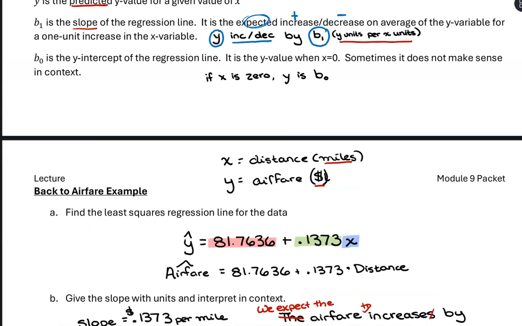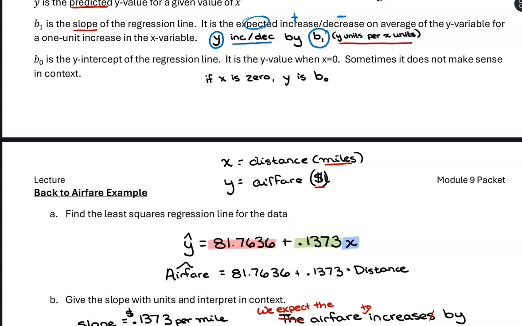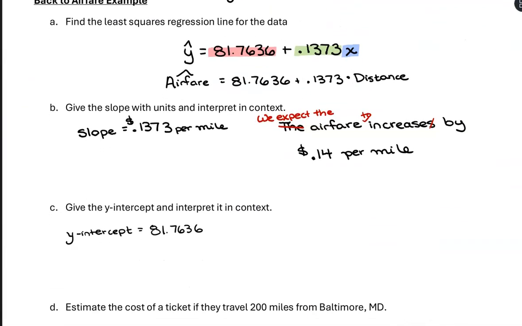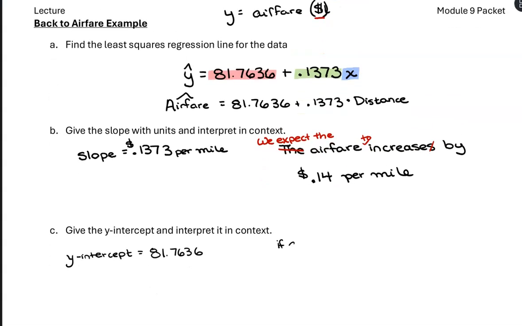And this is the scenario where if x is 0, y is the y-intercept. So let's just fill that in. If x, which is the distance, if distance is 0, airfare is, and airfare is in dollars, so this would be $81.76.